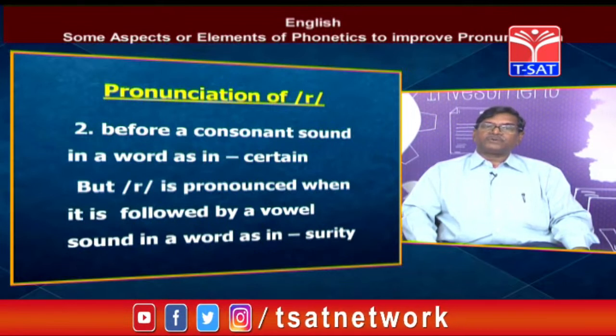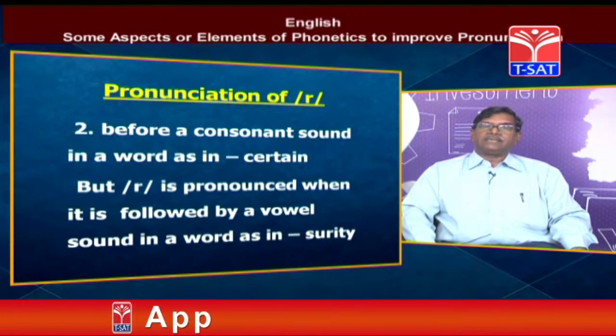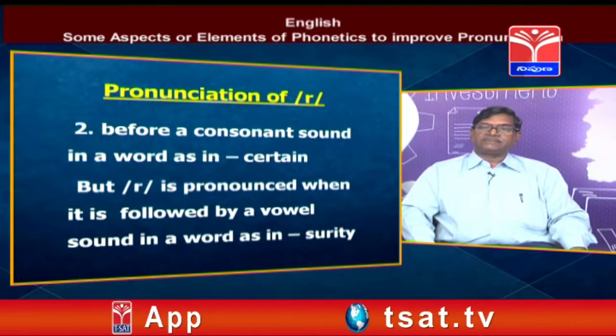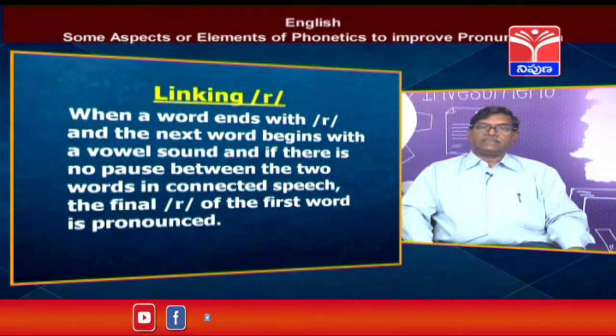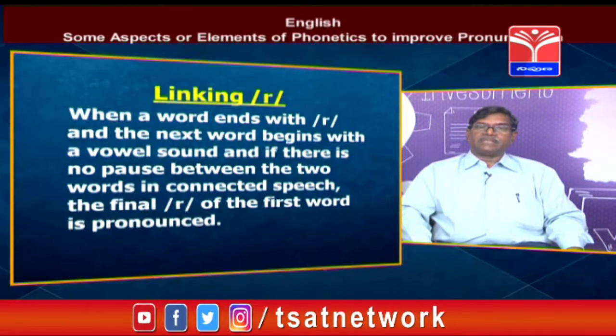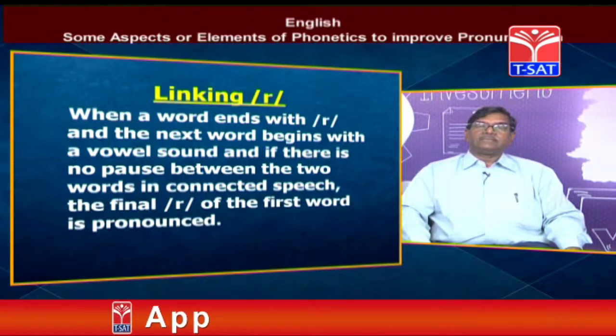But when it is followed by a consonant sound, it is not uttered, as in case of certain, garden, girl. R is followed by L, a consonant sound. There R is not pronounced. Girl, garden.